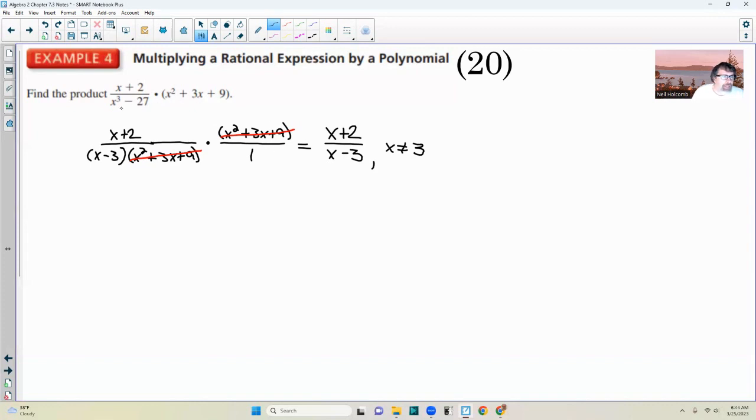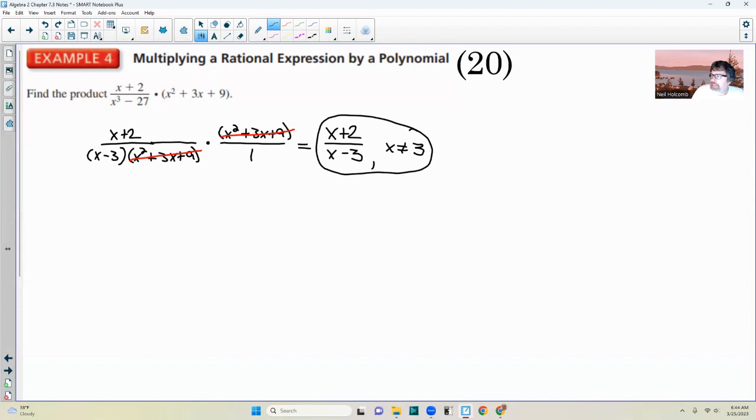Never mind. No, it does matter. X cannot equal 3 because 3 times 3 is 9 times 3 is 27. 27 minus 27 is 0. Actually, that's the only restriction because this was not in the denominator. Okay, so there it is. X plus 2 over x minus 3, where x cannot equal 3.